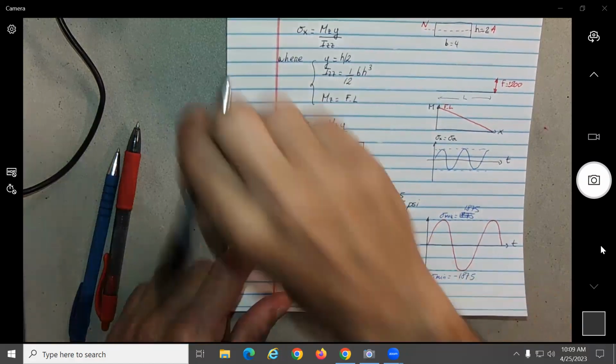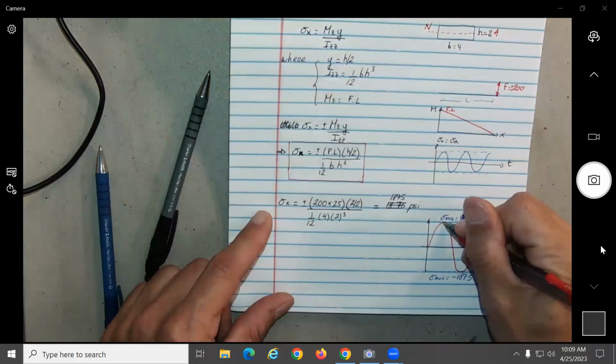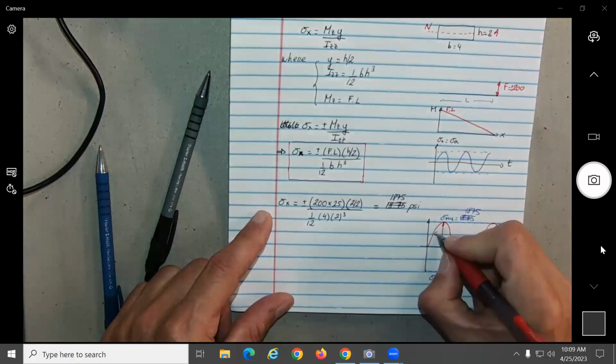Okay, so in this case, if you remember the figure, this is what is known as the alternate.